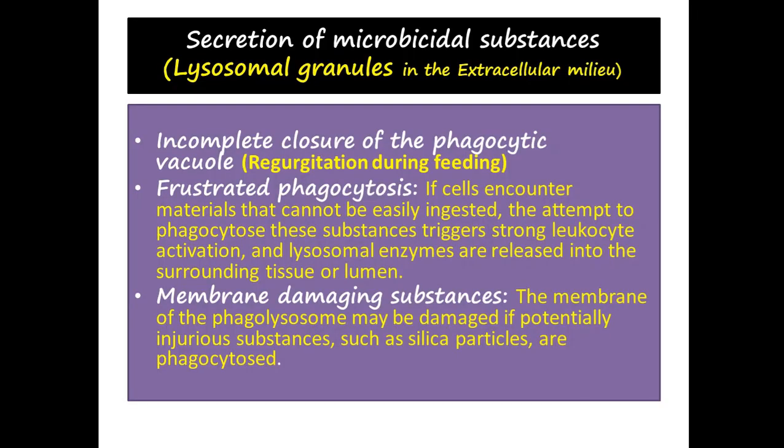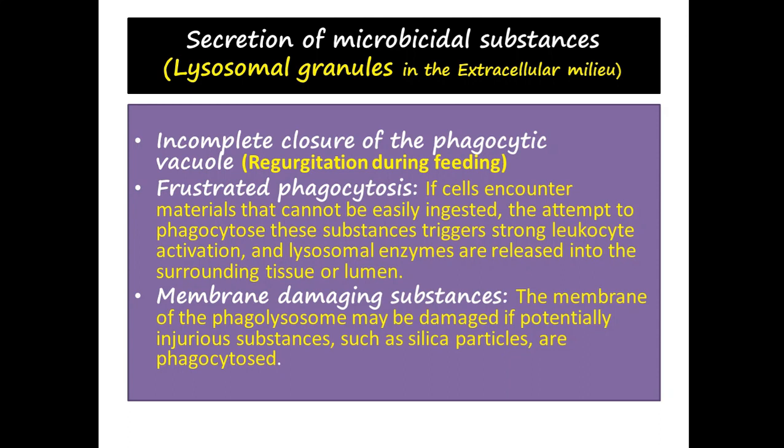Now, the various enzymes and lysosomal granules that are contained in the cytoplasm of the leukocytes, in the lysosomes, have the potential, in addition to killing the microorganisms, to damage the healthy tissue.